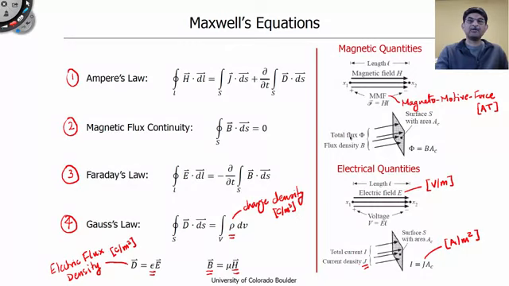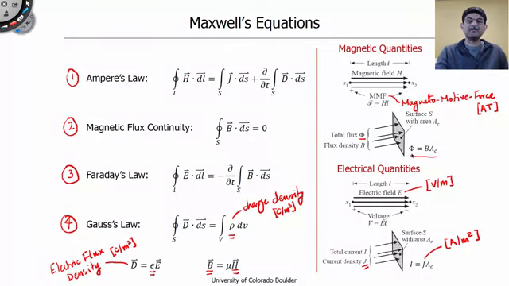The final quantity that is going to be important to us is the total flux, or the total magnetic flux, phi. This is the total magnetic flux passing through some surface, and it is related to the magnetic flux density B through the area of that surface.